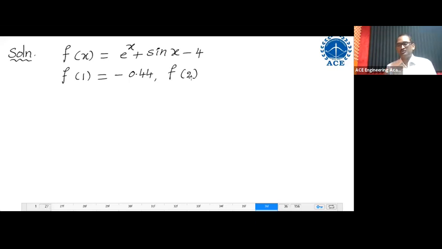Tell me the value of f(2). f(2) is e power 2 plus sin 2 minus 4. Sin 2 value also in terms of radians. What is the next value? 4.298. Please verify.